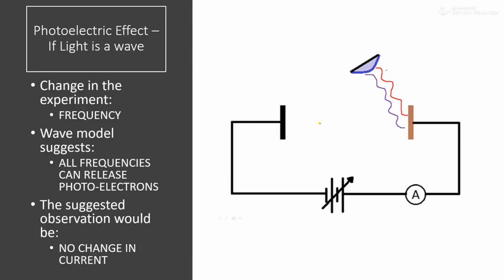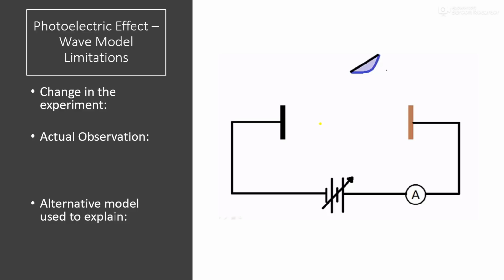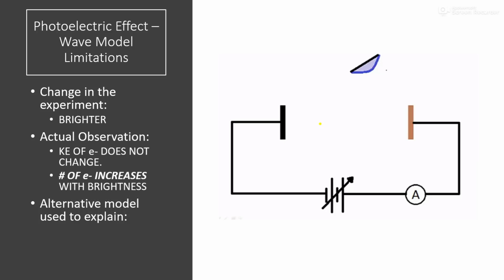So what do you actually see from the photoelectric experiment? Let's first look at the brightness. If I change the brightness, previously I should be getting more and more electrons coming out as I increase the intensity of the light. But I realize that the kinetic energy of the electrons doesn't change.